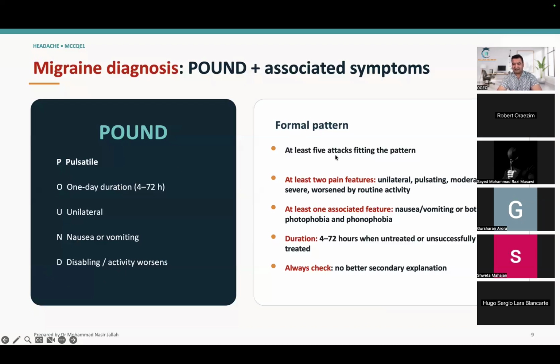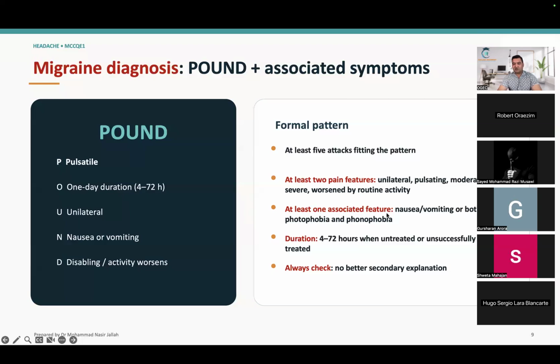Now the pattern: at least 5 attacks fitting the pattern, at least 2 pain features: unilateral, pulsatile, moderate to severe, worsened by routine activity, at least 2 of them.